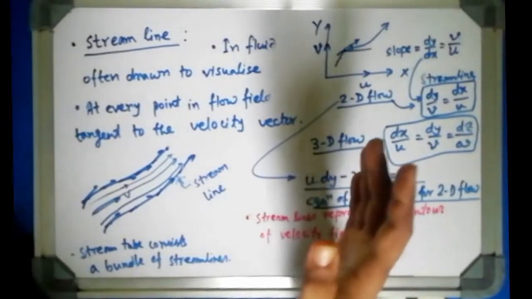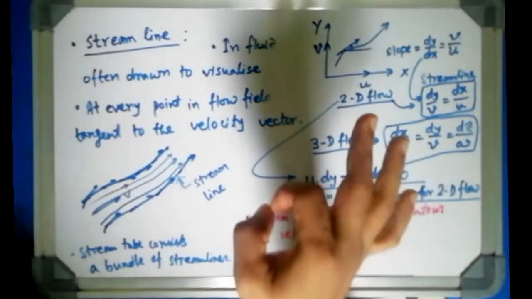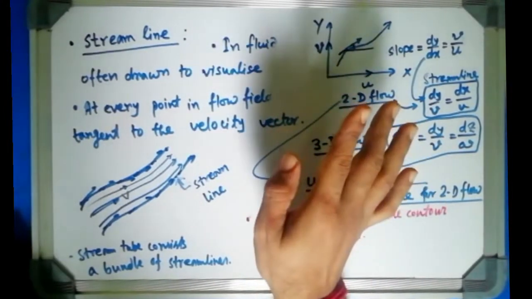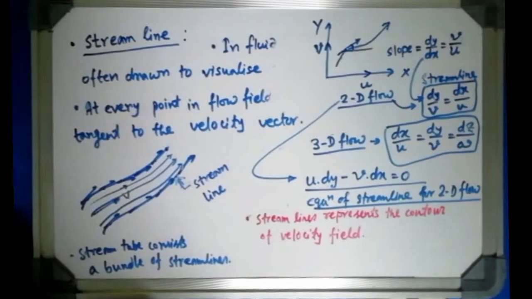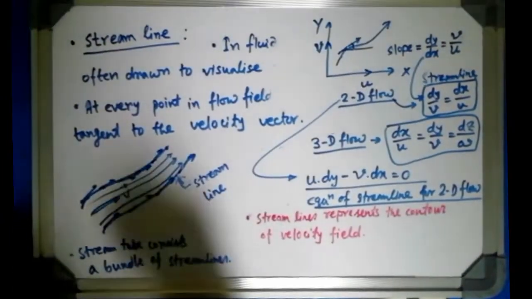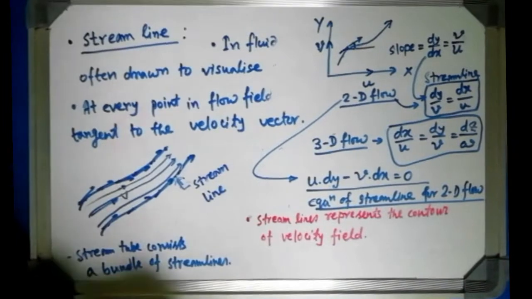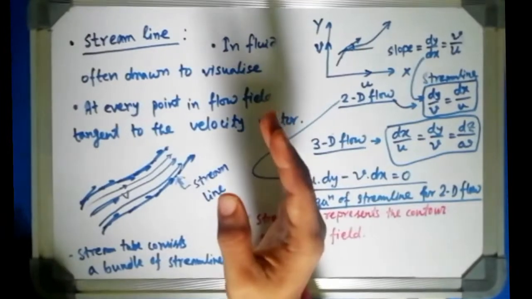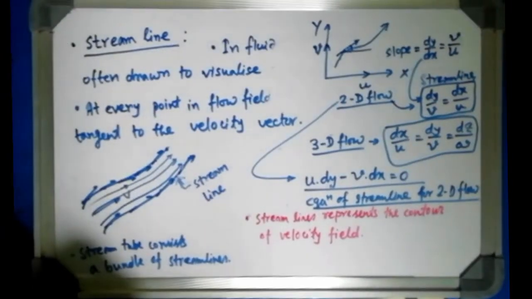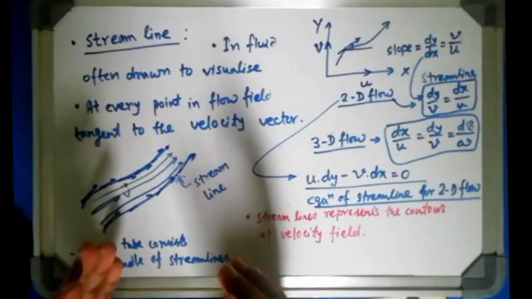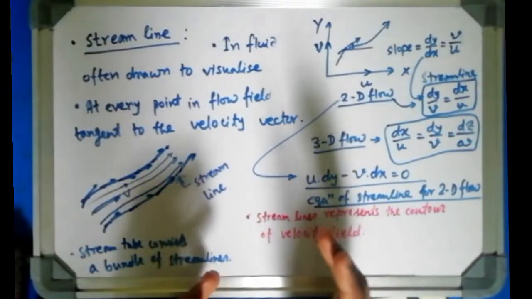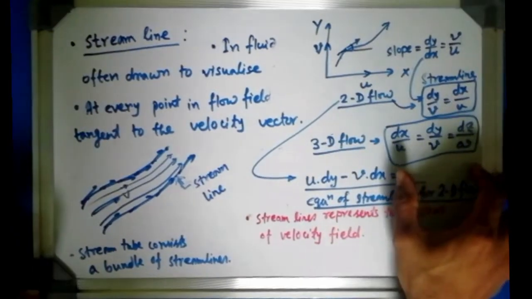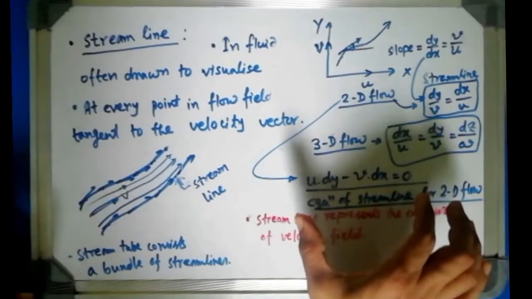It gives the direction of travel at a given point in space and time. That same purpose is served by the streamline in a fluid flow. It gives you the direction in which the fluid is flowing at a particular space and time. Now that concept will be used to get acquainted with the stream function and velocity potential function. Keep this information intact. This is the equation of streamline for a 2D flow.